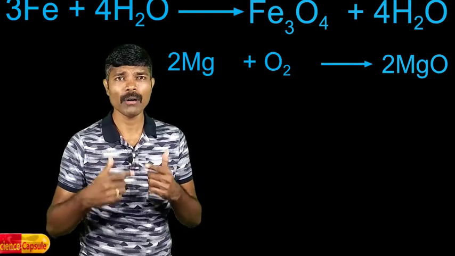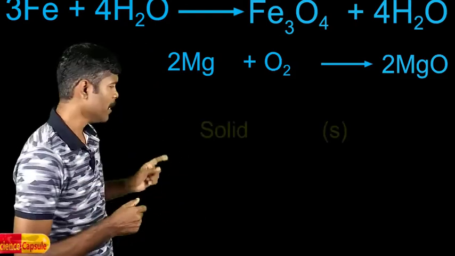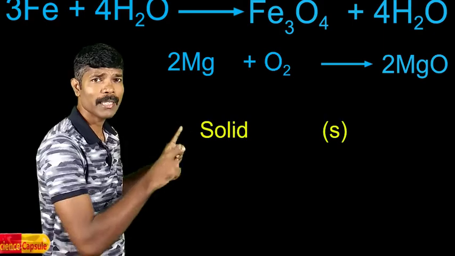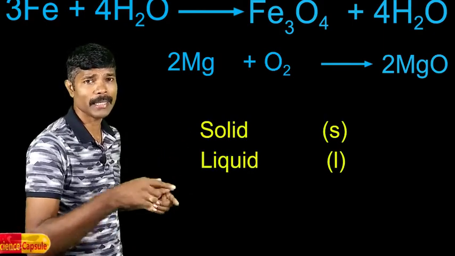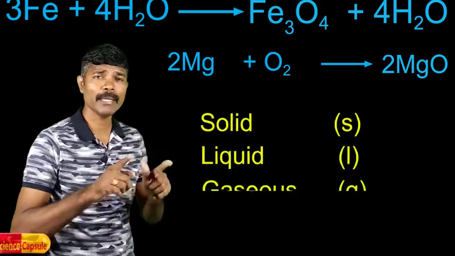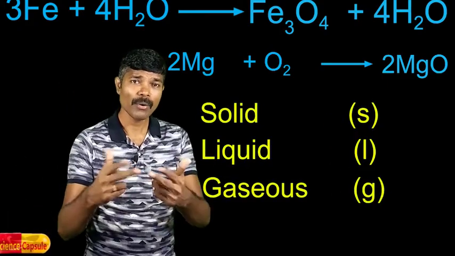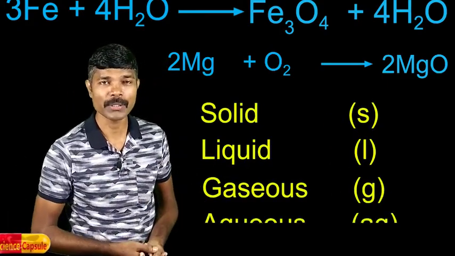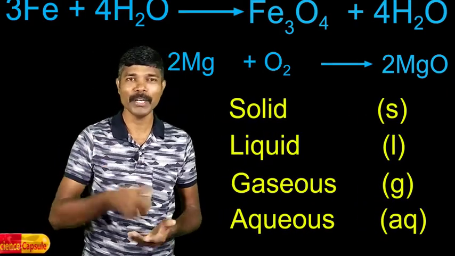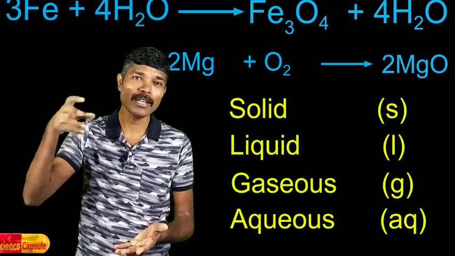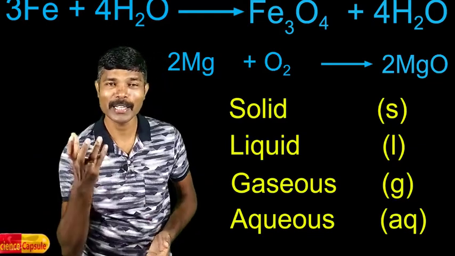Whenever an element or a molecule exists in solid state, its symbol is S, within parentheses. If it is a liquid, within parentheses L. If it is a gas, within parentheses G. Some more states are there, that is aqueous. What is aqueous? Aqueous is something which is present in water. For example, when salt is dissolved in water, we get a solution.